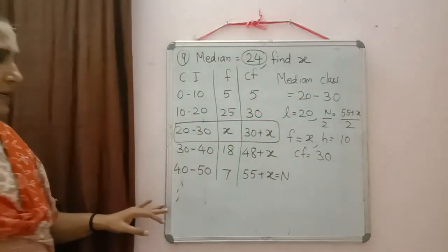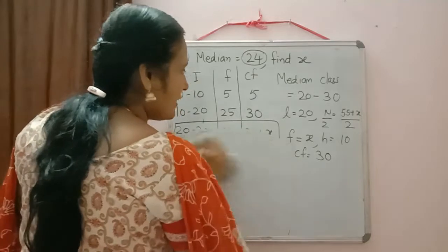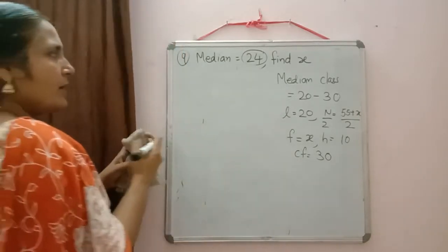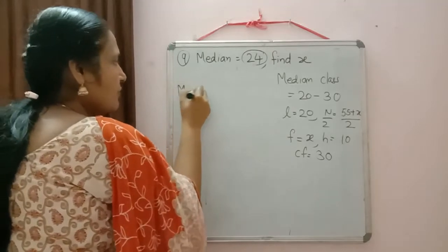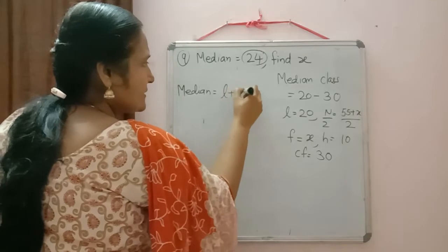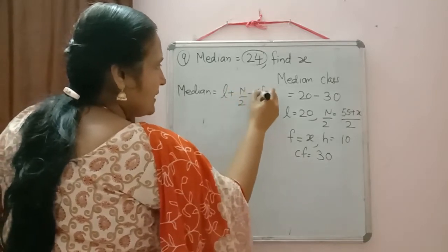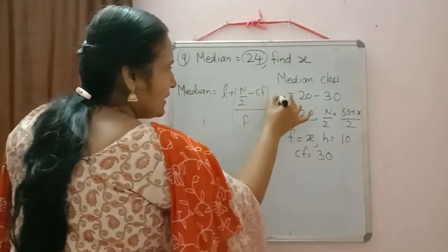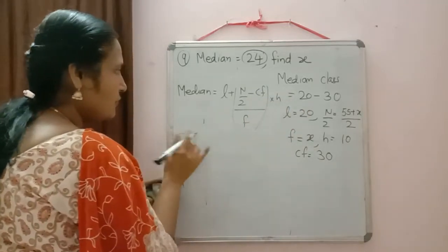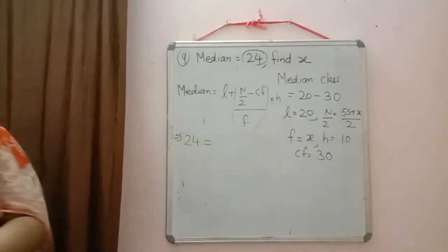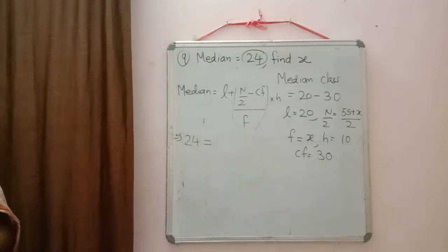So now we will substitute the value in the formula. Write down there median is equal to, write the formula. Then chances of making mistakes will also be less. L plus n by 2 minus CF by f into h. Now we will substitute the value. Median is given 24 is equal to, lower limit of the median class is 20.